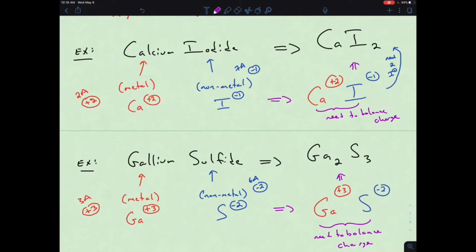The metal always is first in the name, the nonmetal is always second in the name. And then in deriving these formulas from the nomenclature, we have to make sure charges are balanced in terms of these go-to metals in 1A, 2A, and 3A, and these go-to nonmetals in 7A, 6A, and 5A.